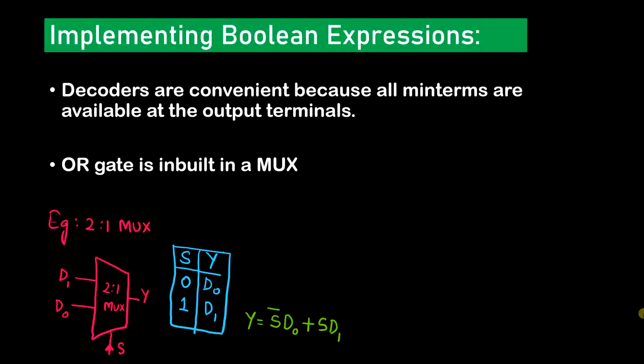The select line can be either 0 or 1. If the select line is 0, then the output y is equal to d0, and if the select line is equal to 1, then the output y is equal to d1. So the sum of minterms expression can be written as y is equal to s bar d0 plus s d1.